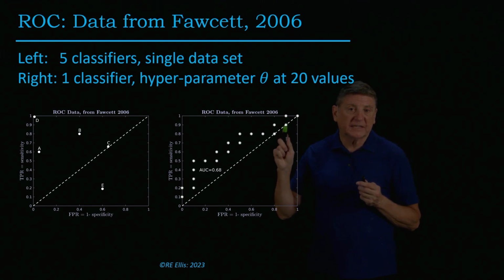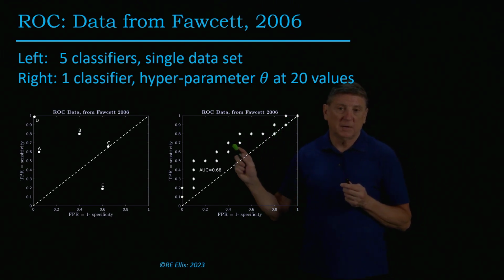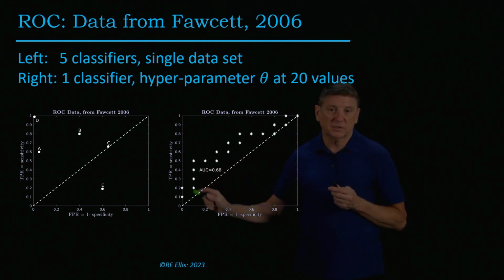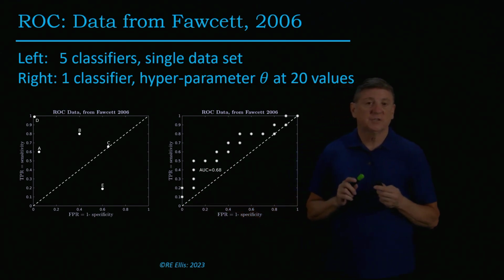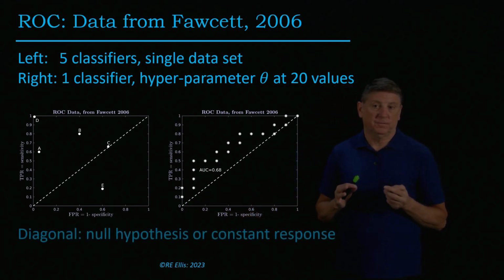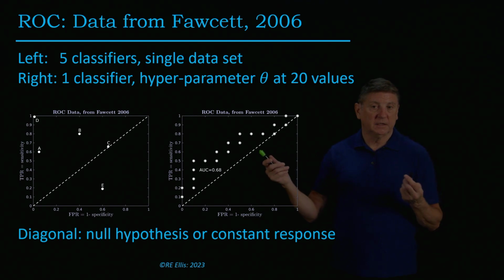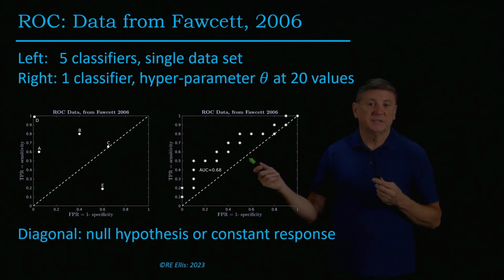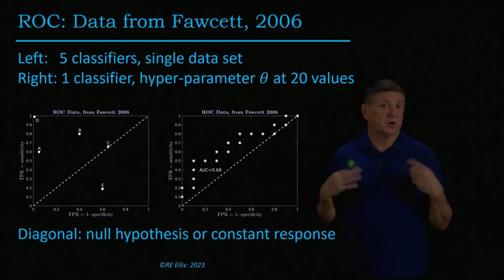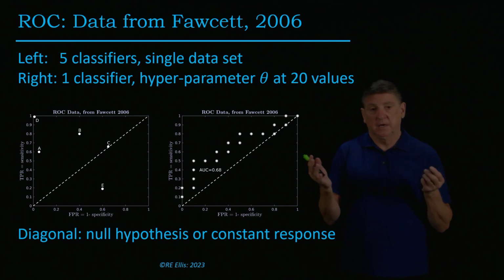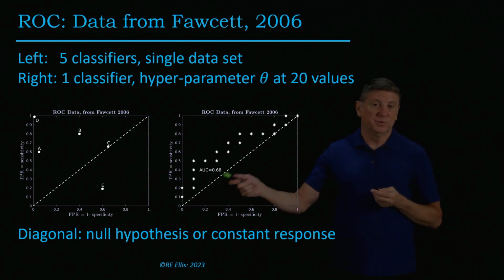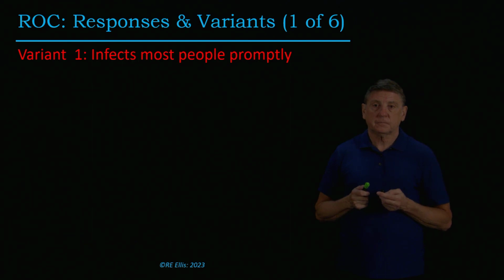If we were to connect these using a piecewise linear approximation, what we would get is an ROC curve. Again, this diagonal, as in the first example, is the null hypothesis, or you can think of it as a constant response. It always says it's got one label or another. It would produce this diagonal.